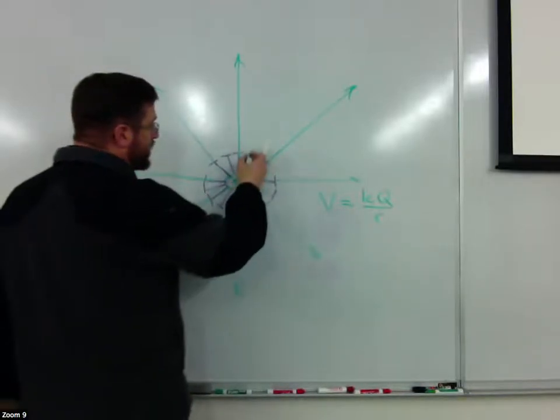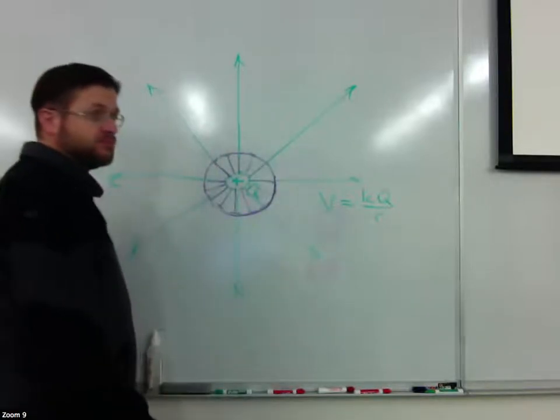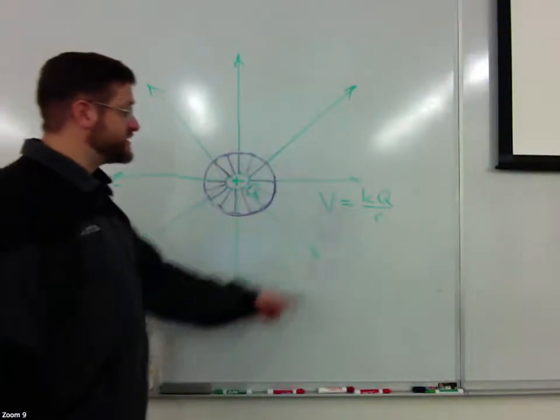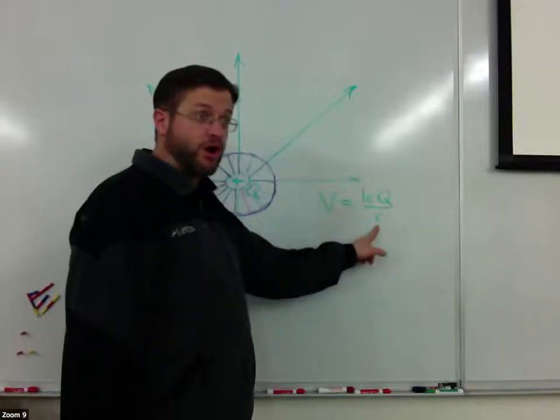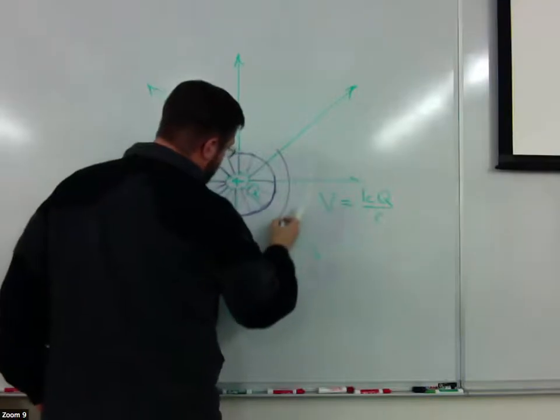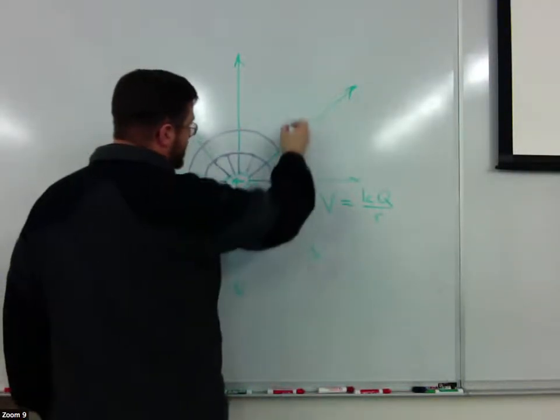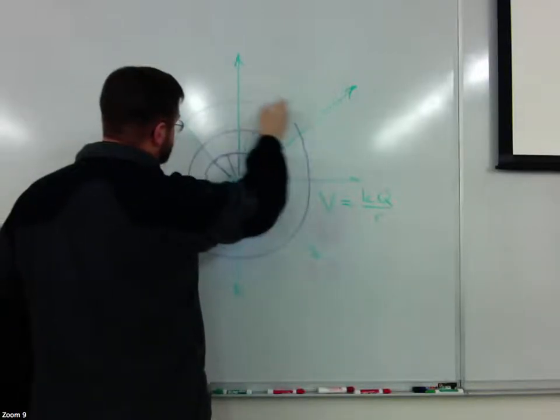And so all along this circular path, I have the same voltage. Because it's the same charge, the K is always the same, and R is 1 meter. And at every distance, out here, at 2 meters, I get the same voltage. At 3 meters, I get the same voltage.